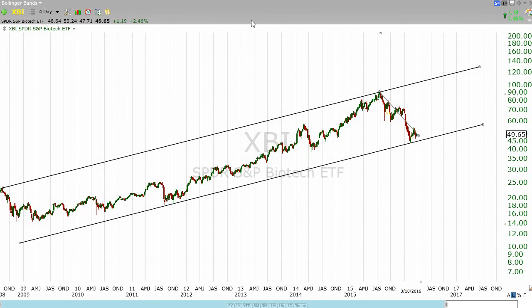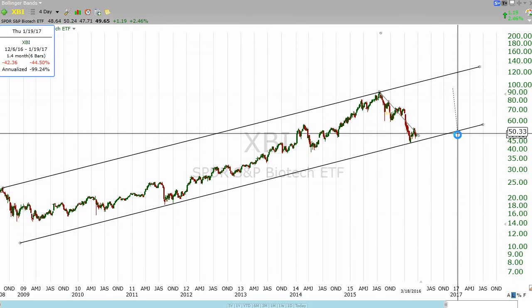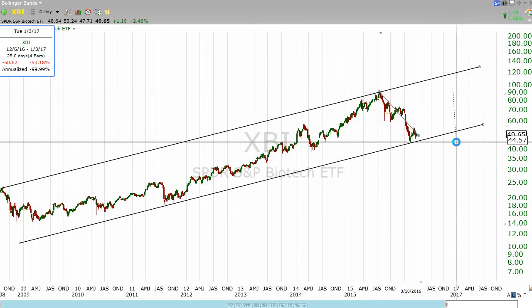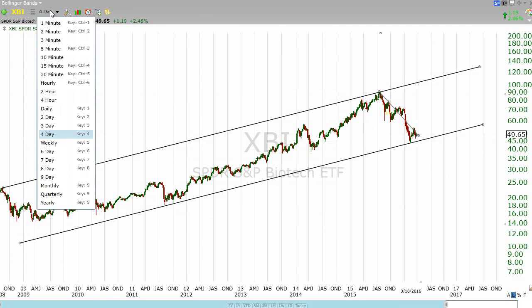Hopefully that's a bottom. You can see how XBI at one point was 90 back in the summer of 2015 and actually got down into the 44. So within a period of about 7 to 7.5 months, it had lost half of its value. That's a lot of the weakness that we saw in the S&P and in the Nasdaq.